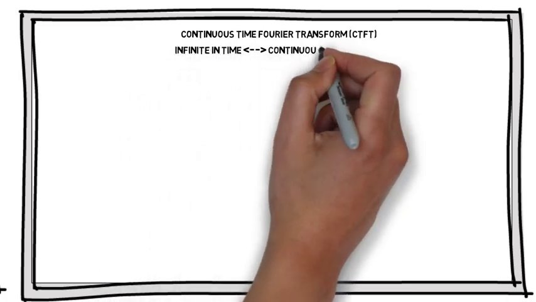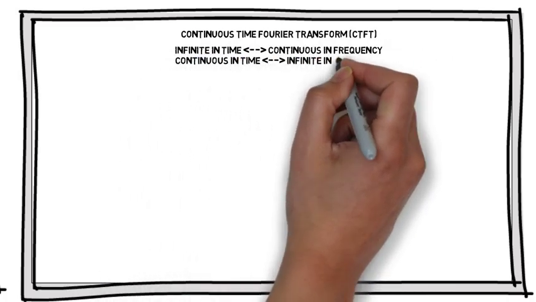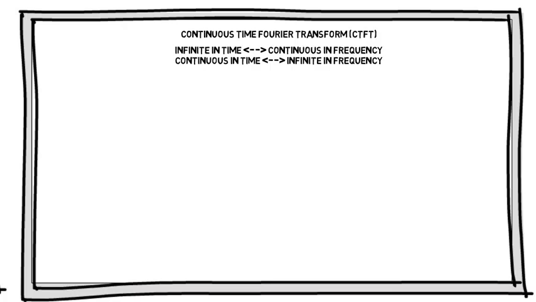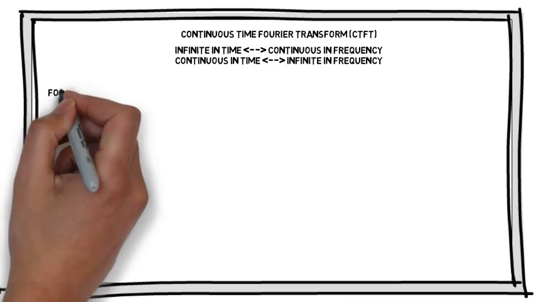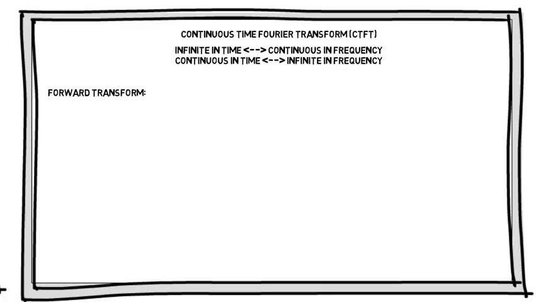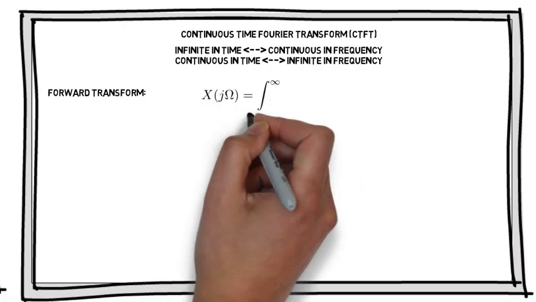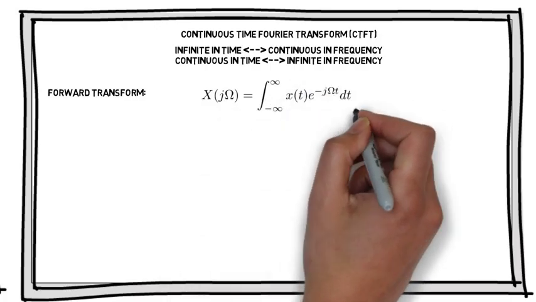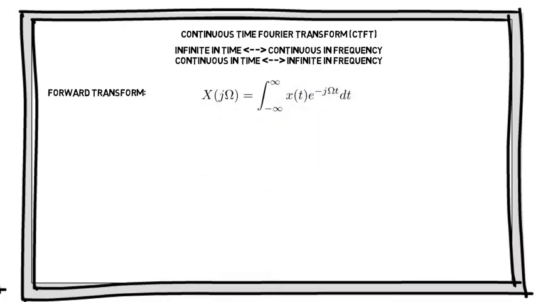The continuous time Fourier transform is kind of like the Fourier series, except extended for signals that are not periodic, so extended to signals that are infinite in length. So the forward transform now is basically exactly the same form as the forward transform for the CTFS, but instead of integrating over a period, we're going to integrate for t equals minus infinity to infinity.